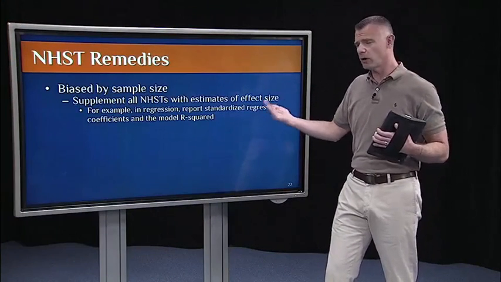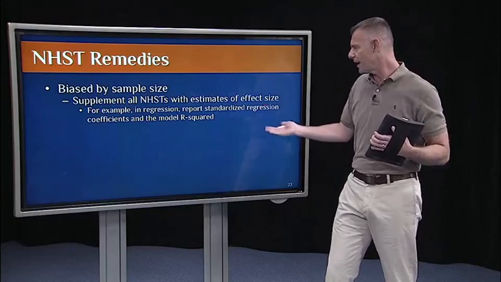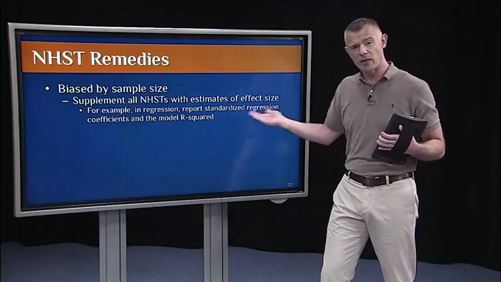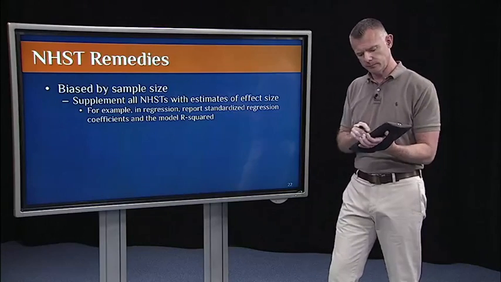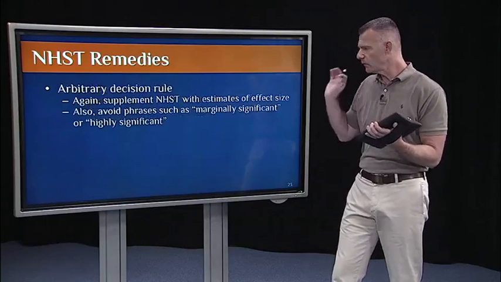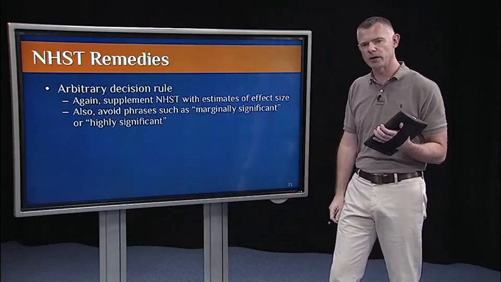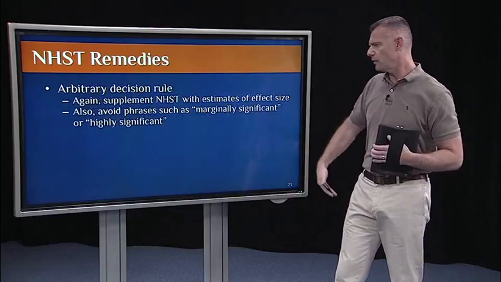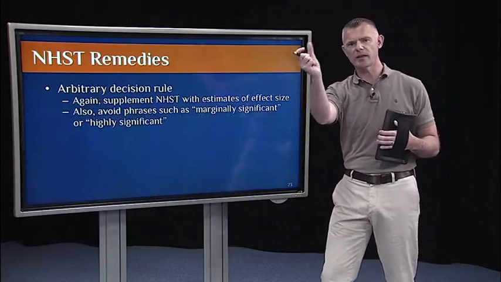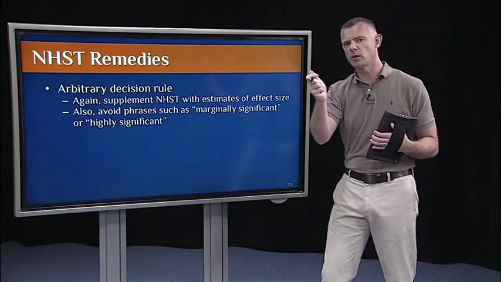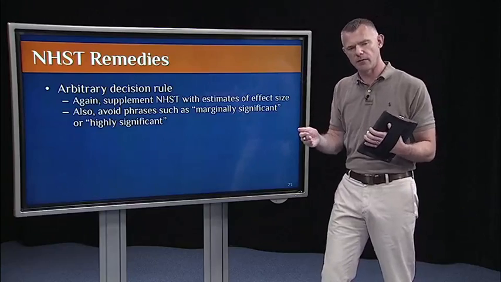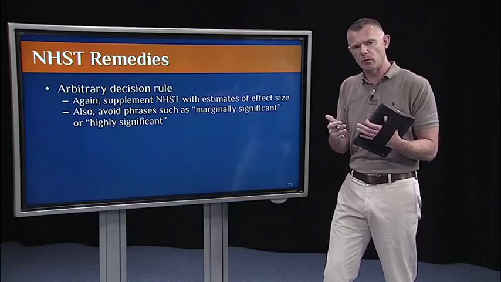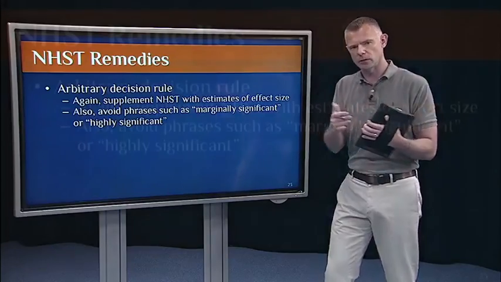So for example, in regression, we'll report standardized regression coefficients and the model R-squared. That tells us about the magnitude of effects. Same holds for this arbitrary decision rule. So yeah, it's arbitrary, but if you're right on the cusp, then don't worry so much about being significant or not significant. Report estimates of effect size. That'll tell people whether you have a large effect or a small effect.